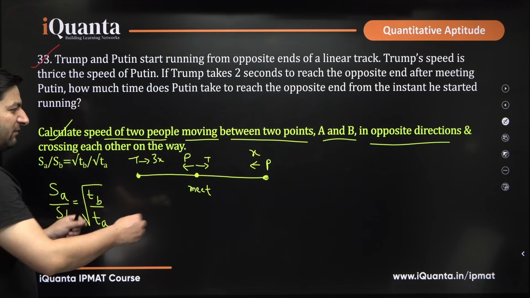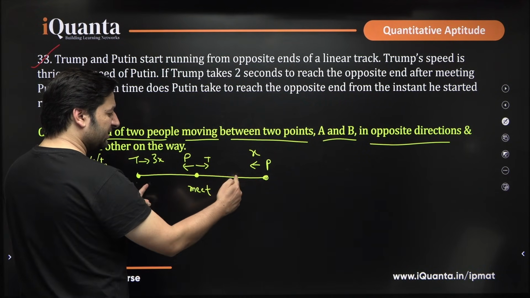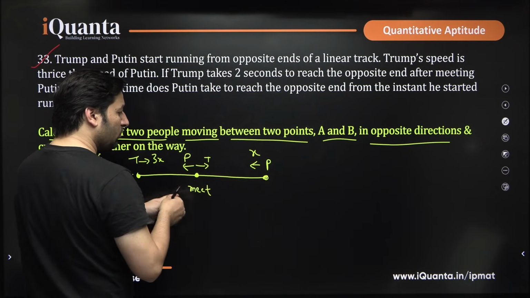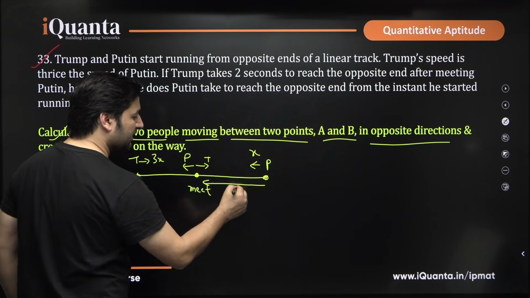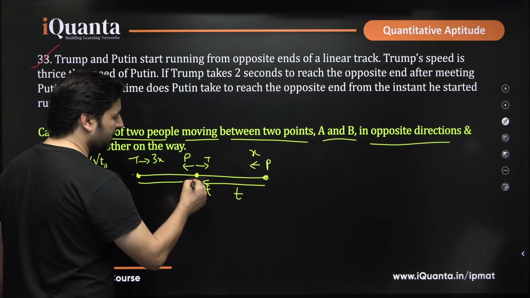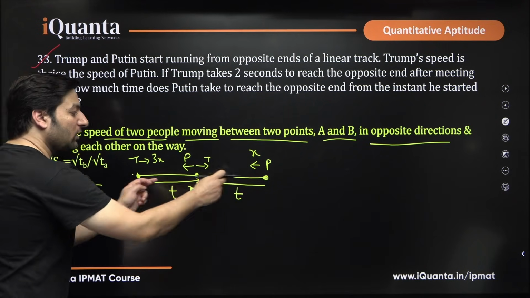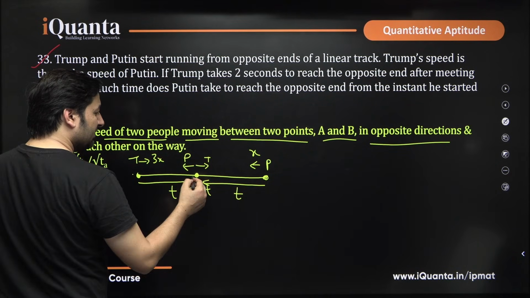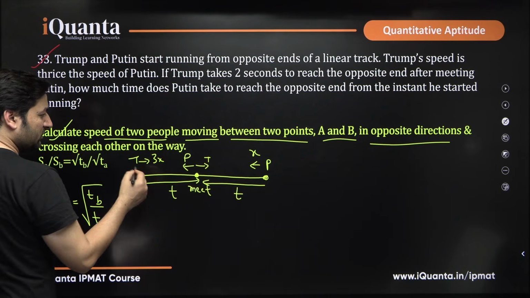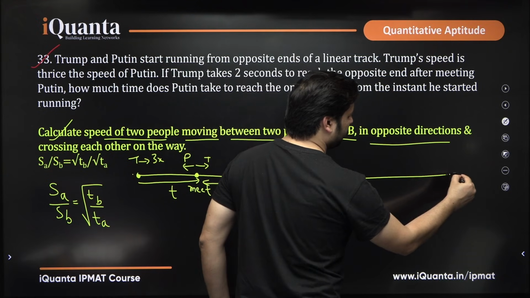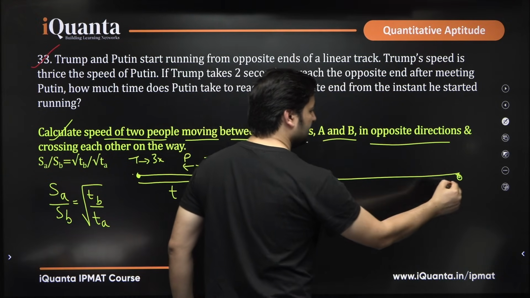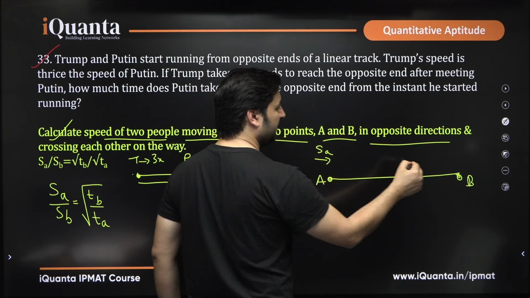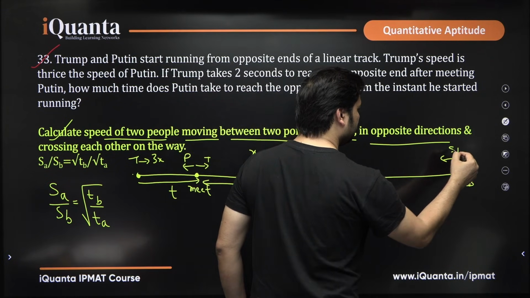Remember I told you that when two bodies are running from opposite ends and coming together, the time taken by them to come to the meeting point is the same. But after they cross each other, suppose A is here, B is here, A is running in this direction at speed SA, B is running in this direction at speed SB.